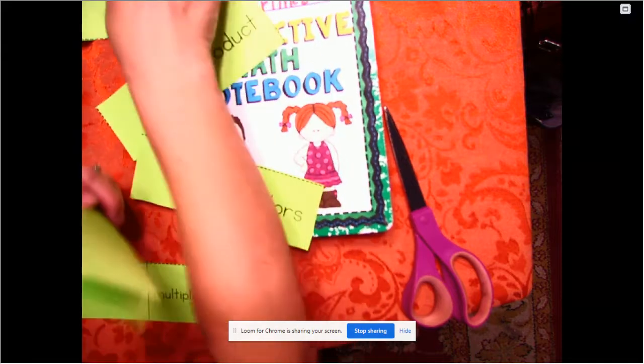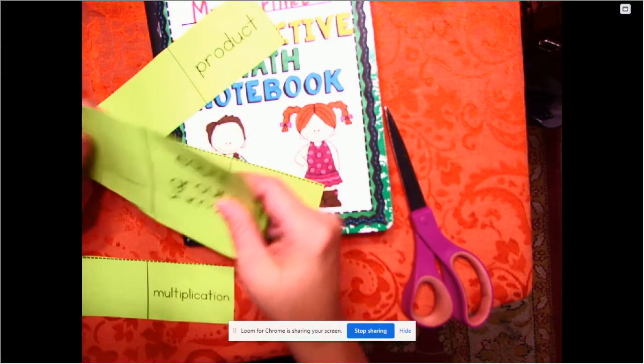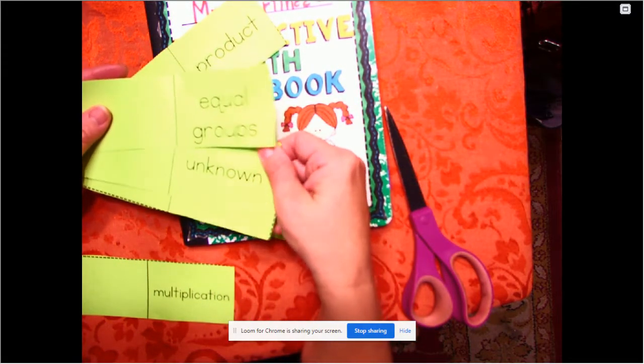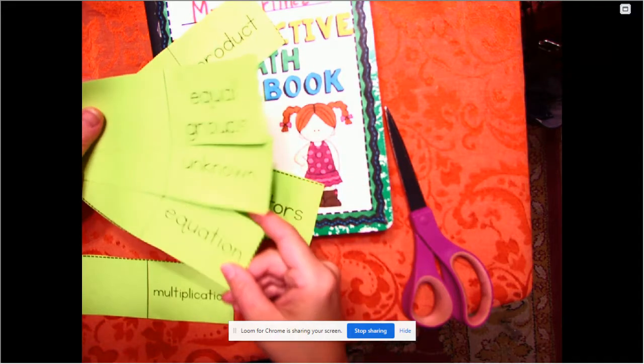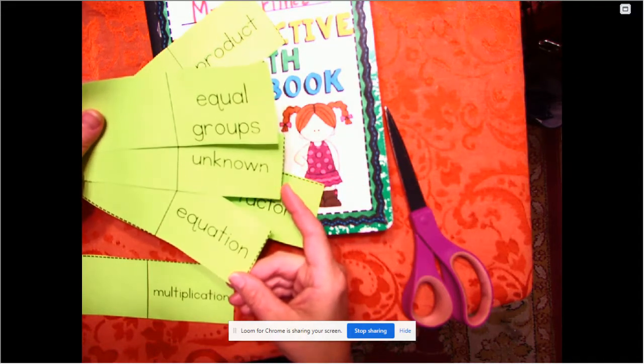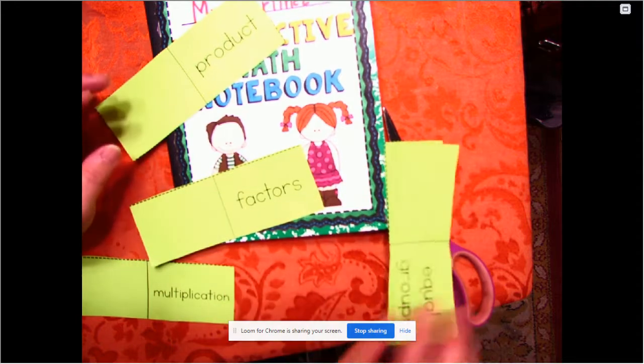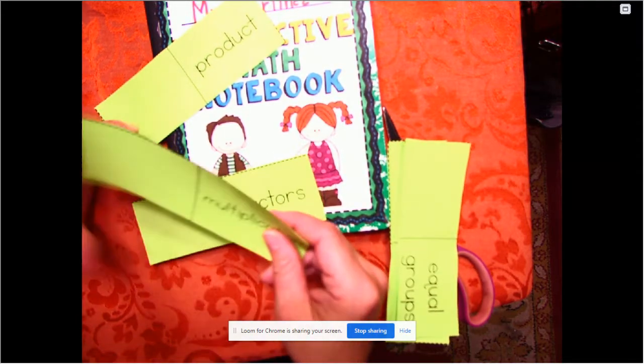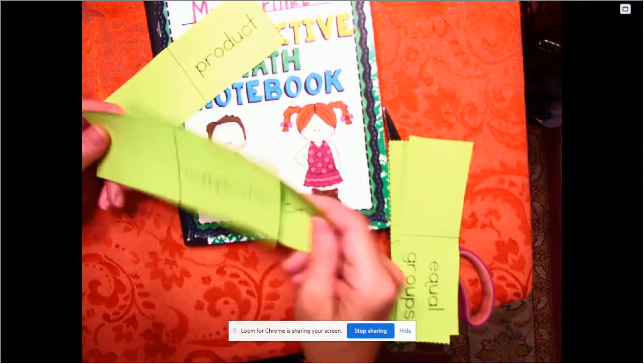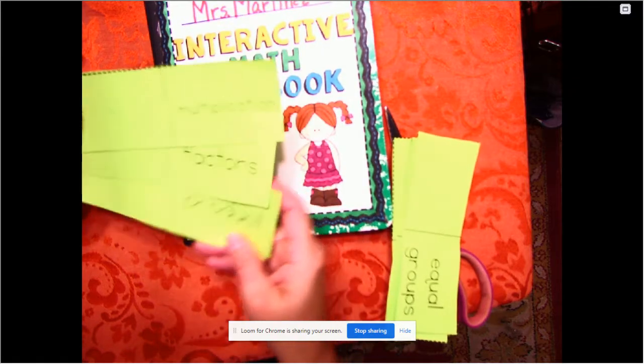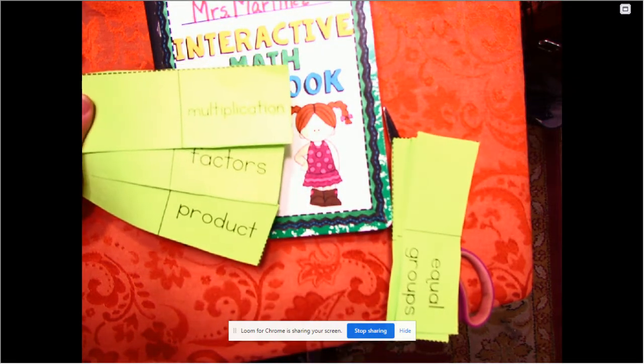Third is equation. So equal groups, unknown, and equation are the first 3. Okay. And then the next 3 will be multiplication, factors, and product. Multiplication, factors, and product.